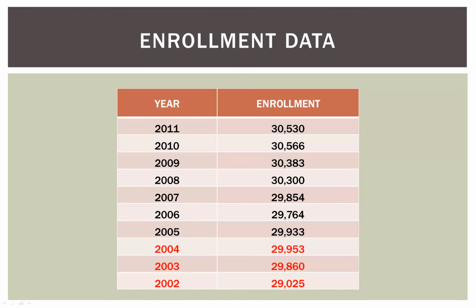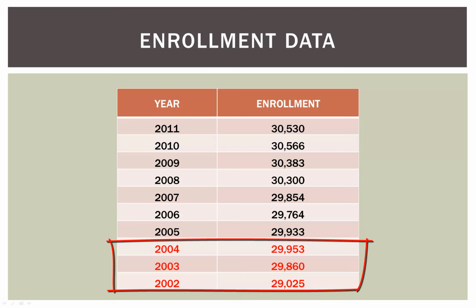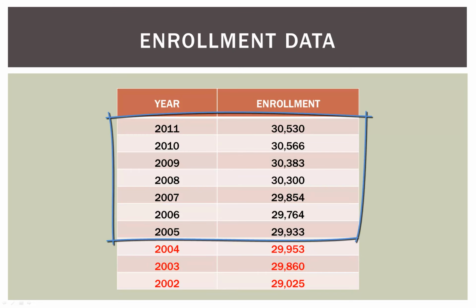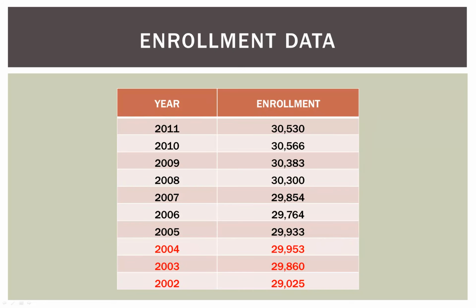So here is a review of our enrollment data from 2002 through 2011. Now if you notice, I have highlighted the bottom 3 years from 2002 to 2004, and that's because our models will actually go from 2005 to 2011. Now why is that? Well, in this example, we are using a couple of 3-year averages.